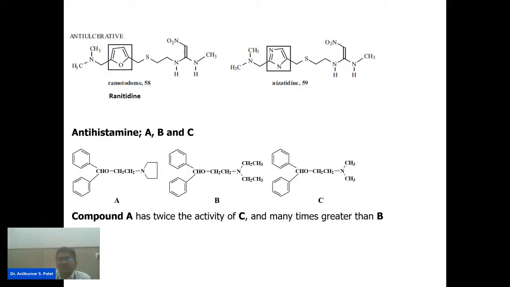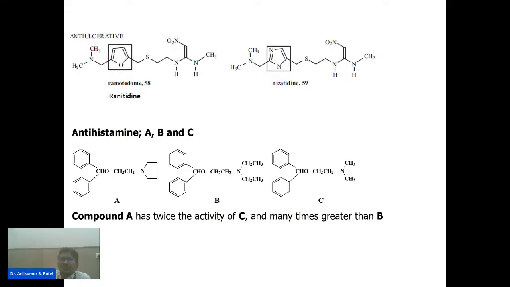We know that an ulcer can be caused by infections in the stomach. At that time we take an anti-ulcer drug. So when the doctor prescribes an antibiotic, at that time anti-ulcerative drugs like ranitidine and omeprazole are also prescribed.